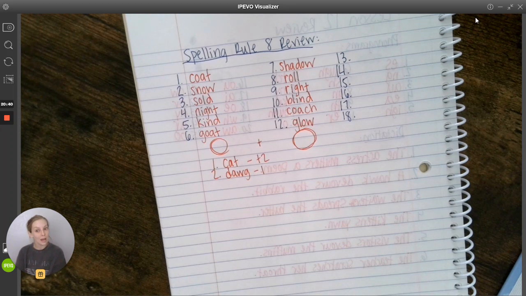Do you have good eyesight or not? I do not. Sight. Number 15, both. Both. We are both very smart.